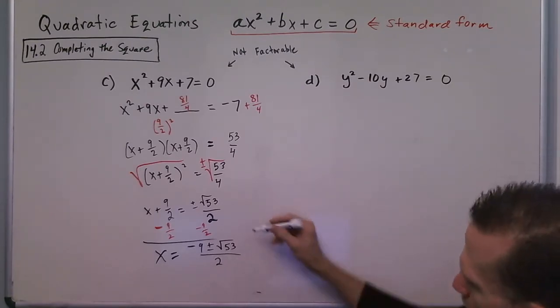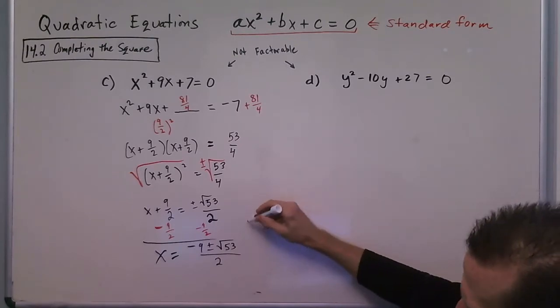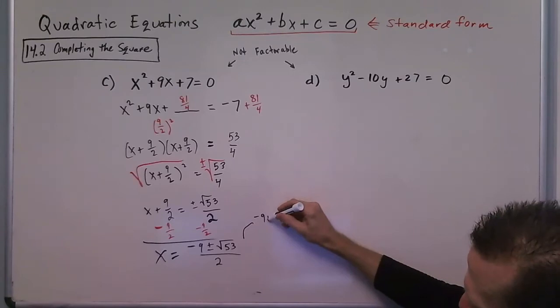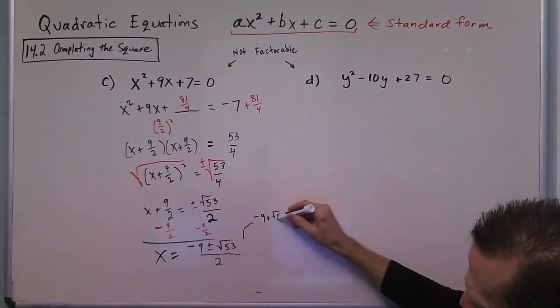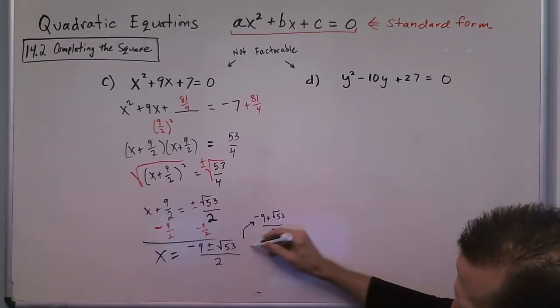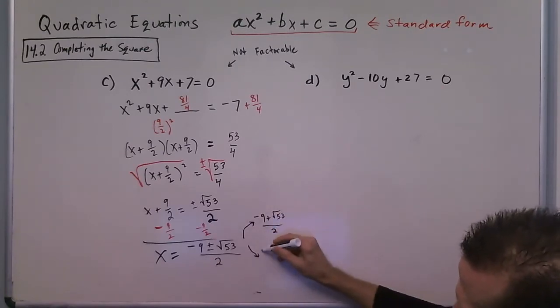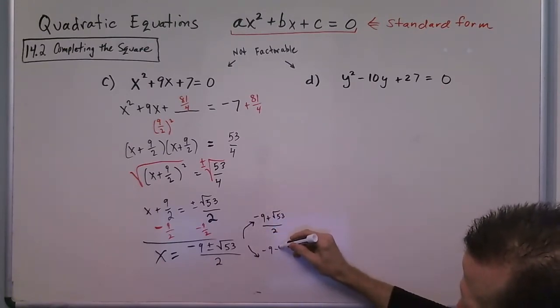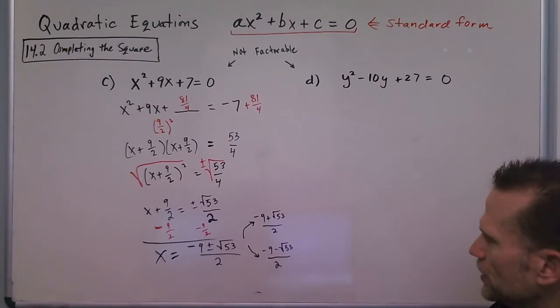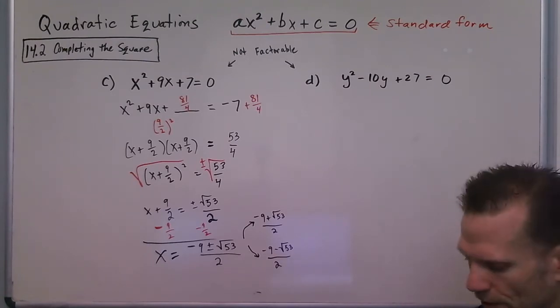Now, do remember that if it asks you to write out both the answers, one of the answers would be -9 plus the square root of 53 over 2. And the other answer would be -9 minus the square root of 53 over 2. And if they asked you for the decimal approximation, you could just compute it on your calculator.